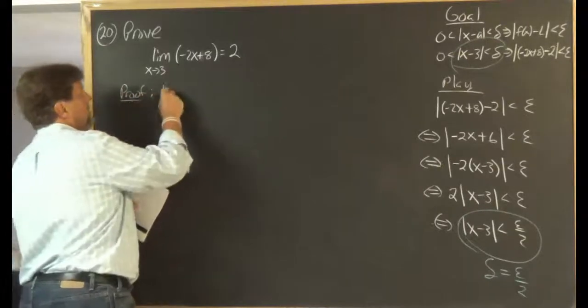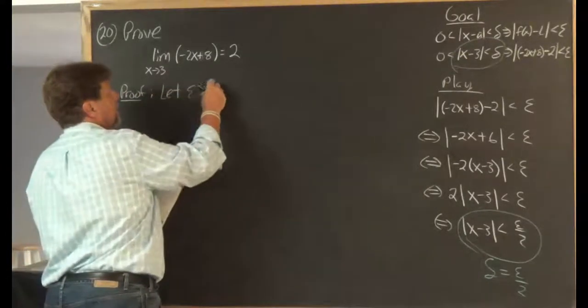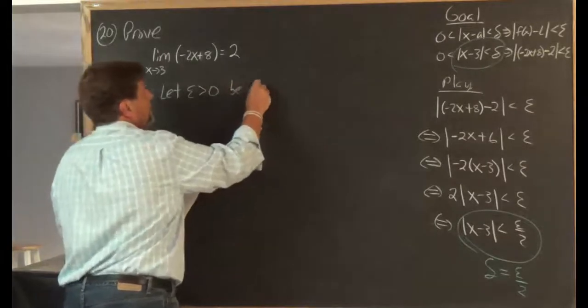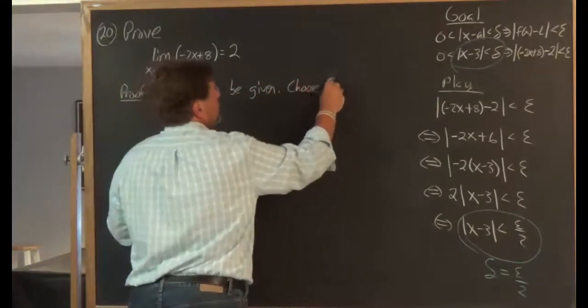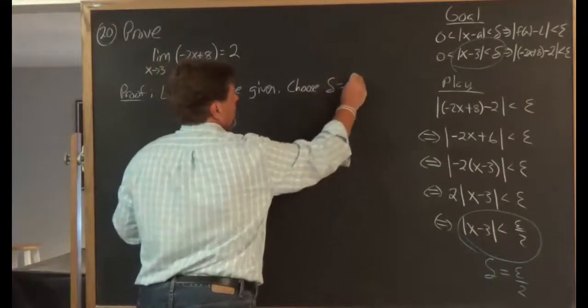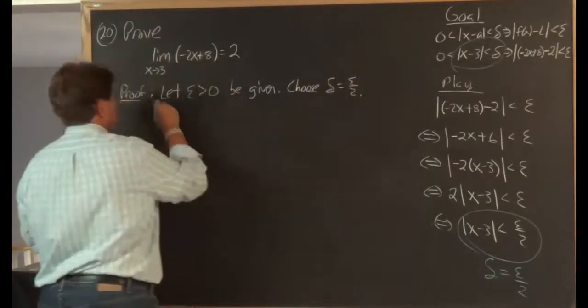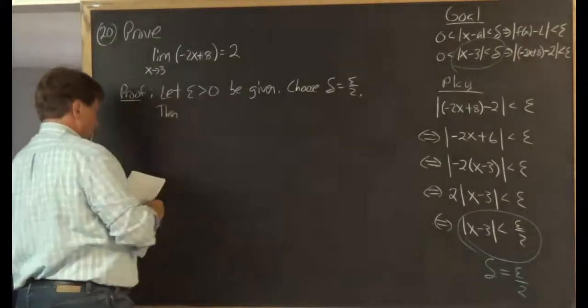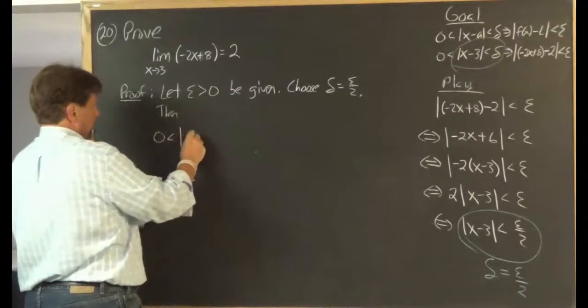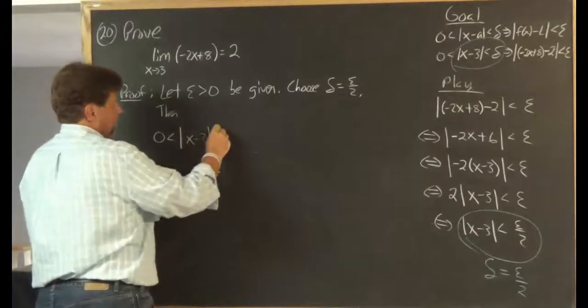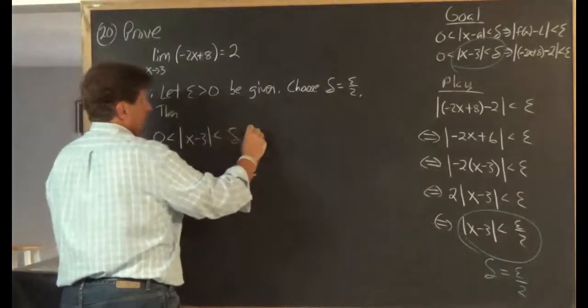So proof. Let epsilon greater than 0 be given. Choose delta to equal epsilon over 2. Then 0 is less than the absolute value of x minus 3, which is less than delta.